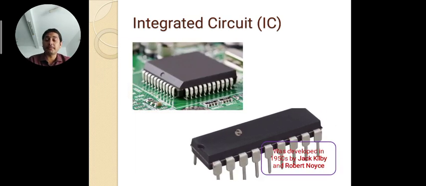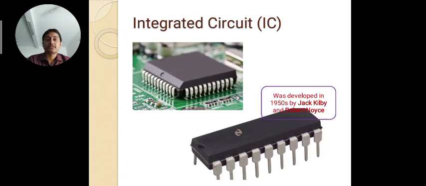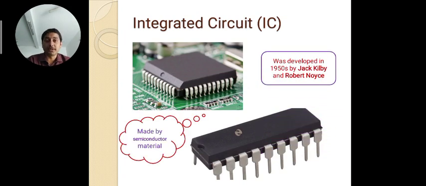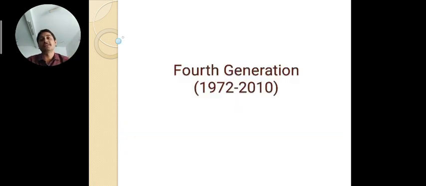It was made with semiconductor material, means integrated circuits were developed using semiconductor materials, and the integrated circuit was developed in 1950 by Jack Kilby and Robert Noyce. They were the scientists who helped to reduce the size of computer, and the size of computer reduced tremendously with the help of the integrated circuit.